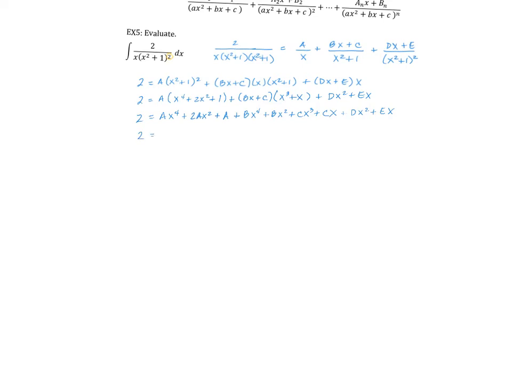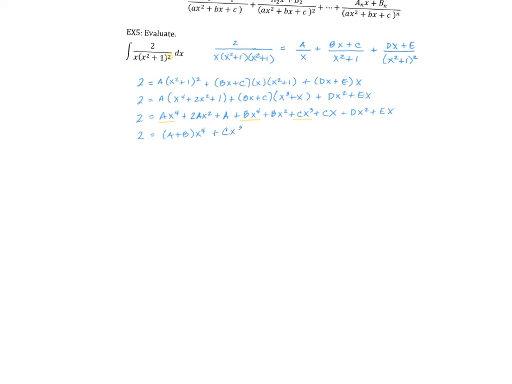The highest exponent I have is an x to the 4th. I have a plus b, and I think that's all I have. So a plus b times x to the 4th. And then x to the 3rd is just the cx to the 3rd, I believe, plus cx to the 3rd.